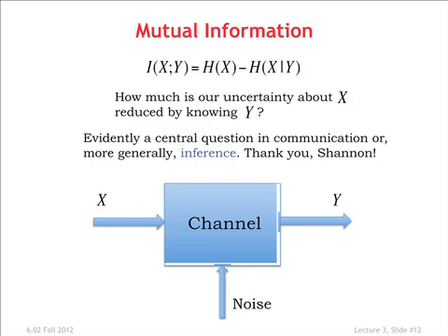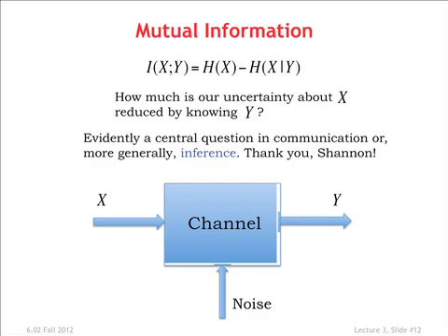We know that H(X) is the entropy in X, so it's our uncertainty about X. It's the expected information when you're told something about X. This symbol denotes the uncertainty in X given information about Y. So it's the conditional entropy here. And so what this is asking is, how much is our uncertainty about X reduced by having a measurement of Y?